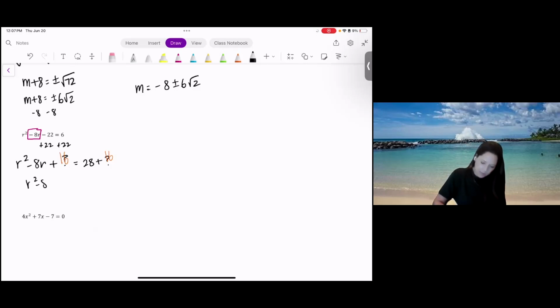R squared minus 8r plus 16 equals 28 plus 16 is 44. Factor the left, and it has to factor as a perfect square, which means it's going to be something to the second power. It's a perfect square trinomial. And it's always going to factor to half of b, which was -4.